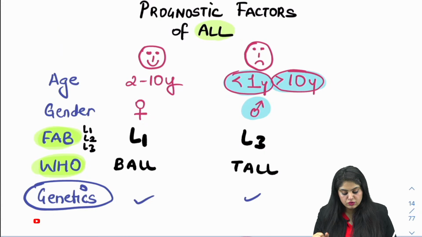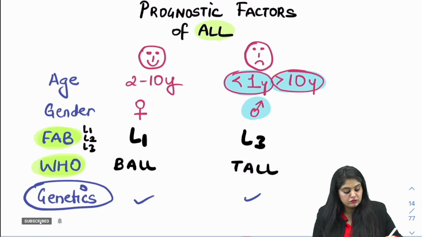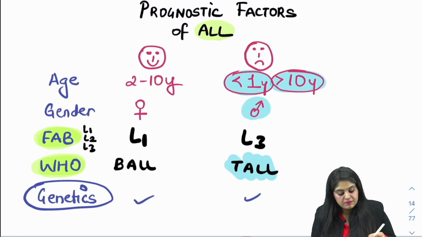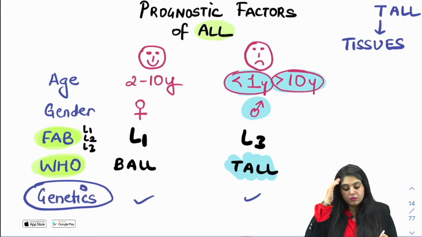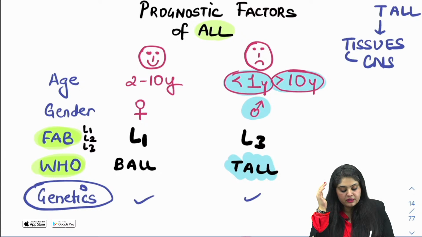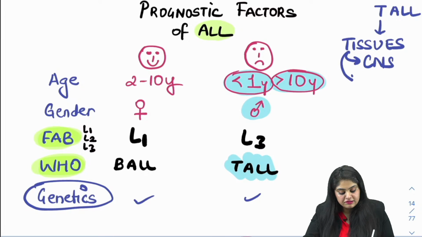So now my question to you is, why is T bad? That is the question that you'll get in the paper also. Why is T-ALL bad? Because T-ALL is the one that goes into the tissues. What tissues? Top of the body, that is, it goes into the brain. Imagine blood cancer going into the brain, obviously it's going to be bad. What else? It can go into the mediastinum and it can go into the testes.